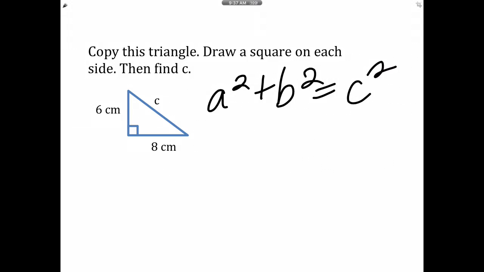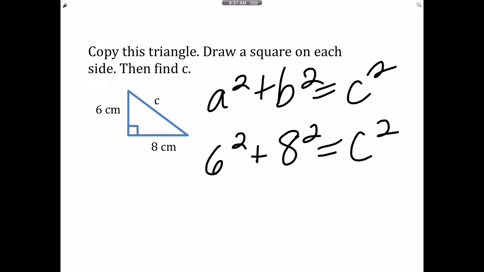Okay, so I'm going to plug in the numbers for this one. 6 squared plus 8 squared equals c squared. So 6 times 6 is 36. 8 times 8 is 64, which equals 100.